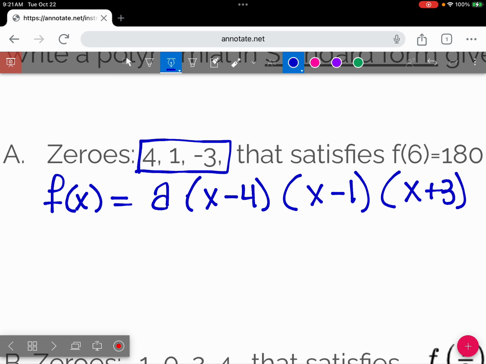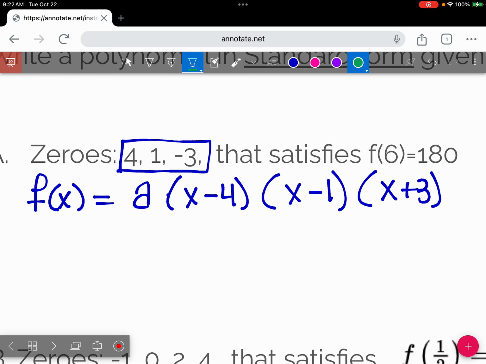Because now what we're going to do is find the A value. And the way we do that is we use this other piece of information we're given. So we know f of 6 is 180. So how could I use that to help me figure out what A is? 6 is going to substitute in for what? x.